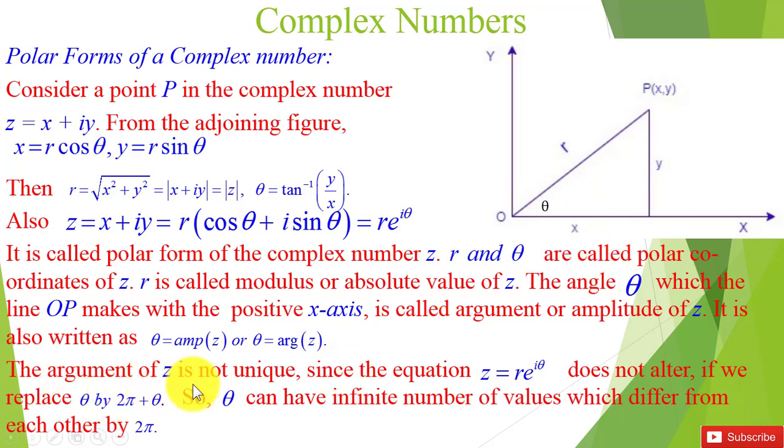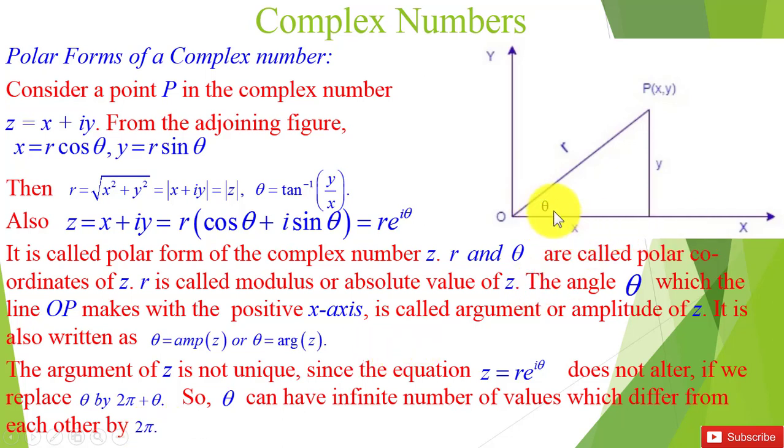The argument of z is not unique, since the equation z is equal to r e raised to the power i theta does not alter if we replace theta by 2 pi plus theta. So, theta can have infinite number of values which differ from each other by 2 pi.